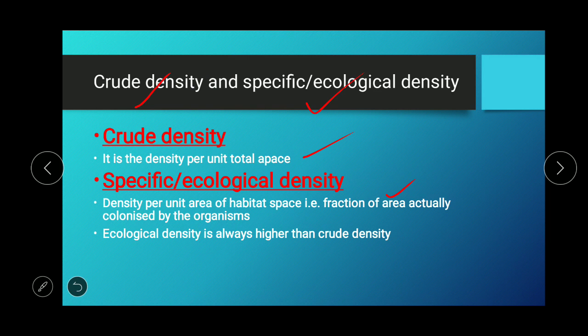So we will calculate the ecological density by taking the actual colonized area as 7 square kilometer, that is 10 square kilometer minus 3 square kilometer. So ecological density is always higher than crude density, because the denominator decreases, that's why the value will always increase, and the ecological density will be higher than the crude density.